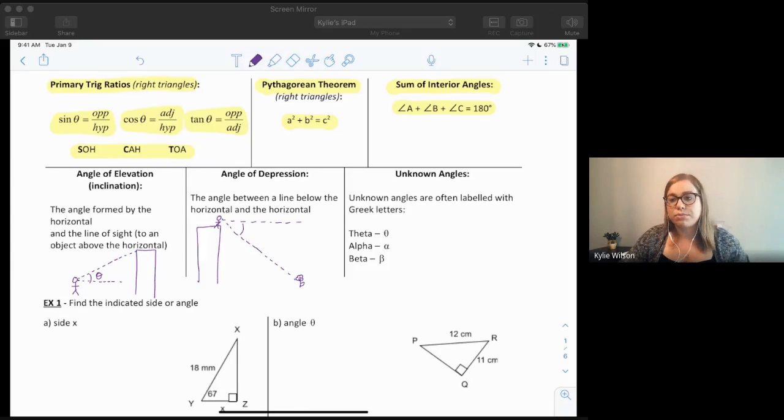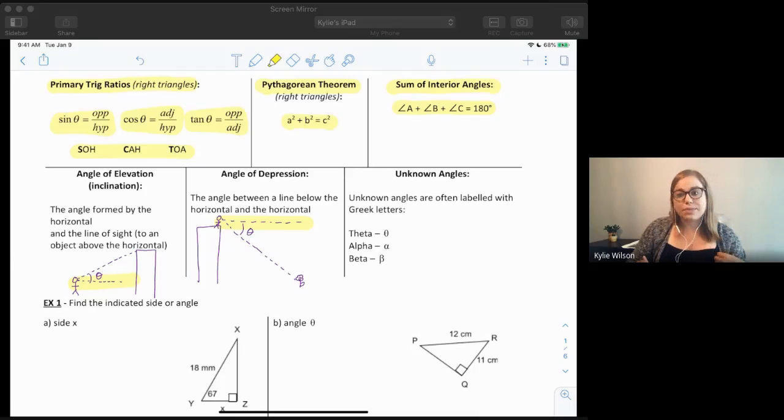How far you moved your chin is our angle of depression. That's the best way to think of it: think of you looking straight at something and either moving your head up and calculating that angle, or moving your head down and calculating that angle. Remember that they're both always measured from this horizontal. Sometimes if you don't have the exact angle you're looking for, we're going to have to do a little bit of work to find it. I'll show you what I mean by that in a moment as well.